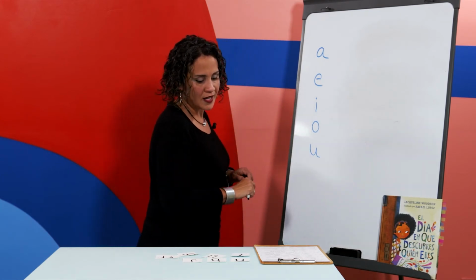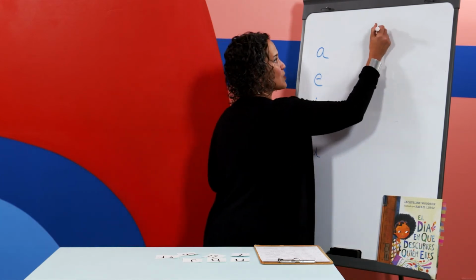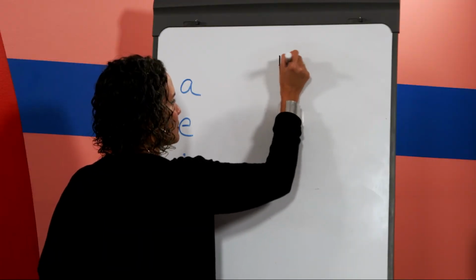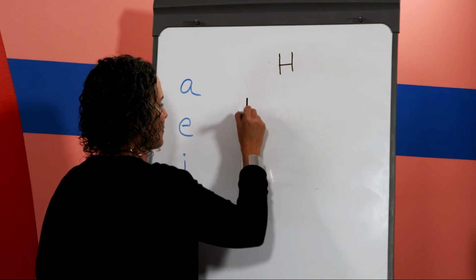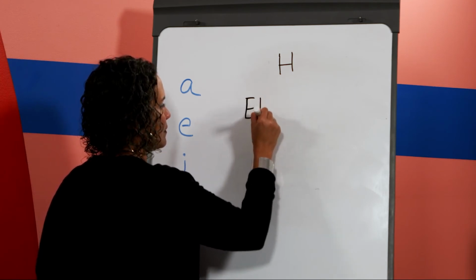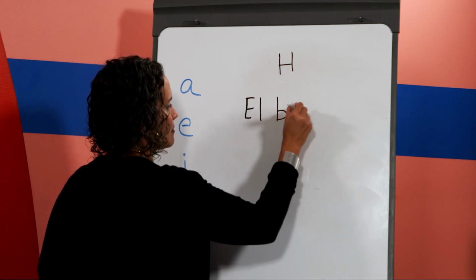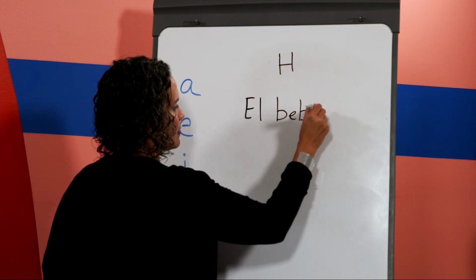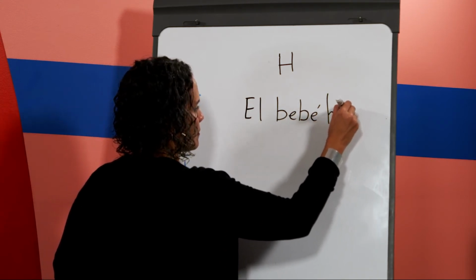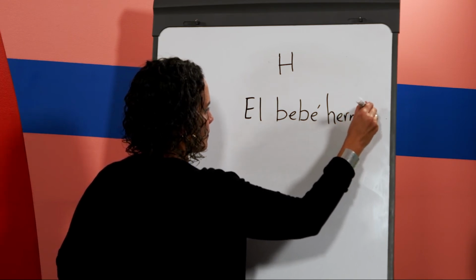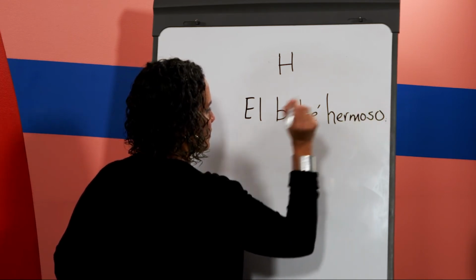Let's try the H right now, la H. Remember the one that doesn't make any sound? I'm not going to read it. I have to write this one because I ran out of room.